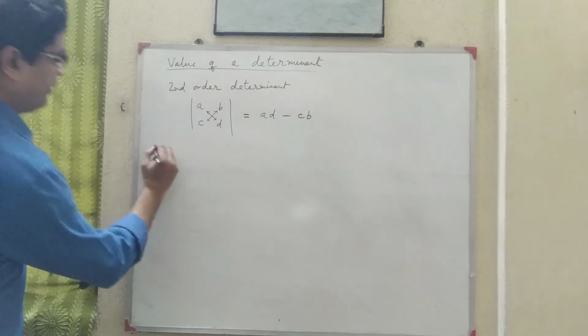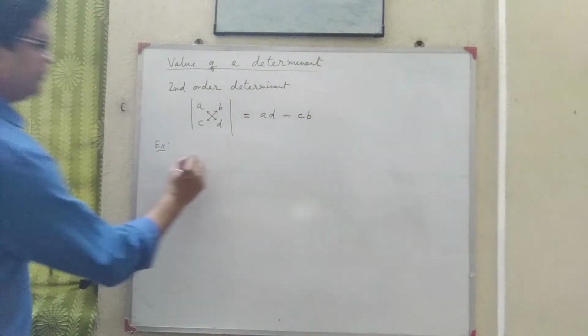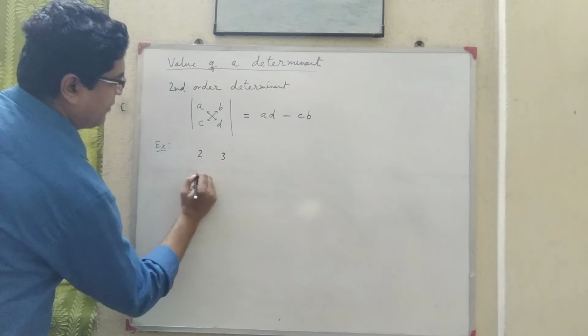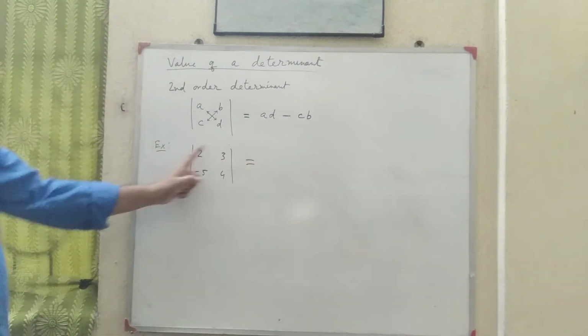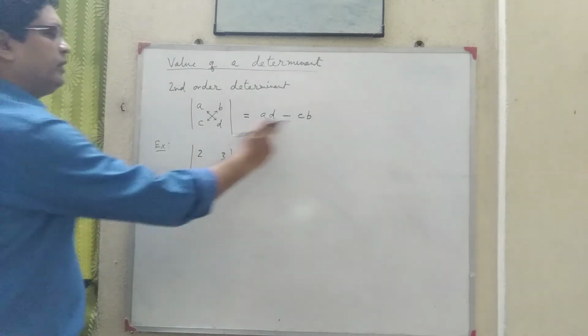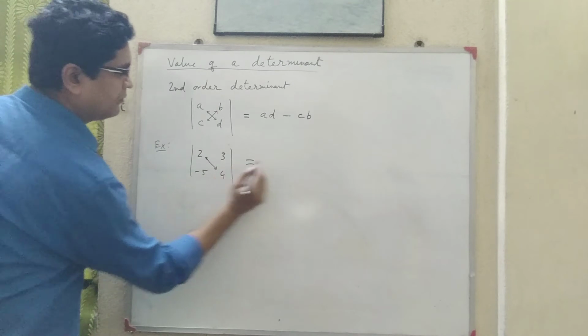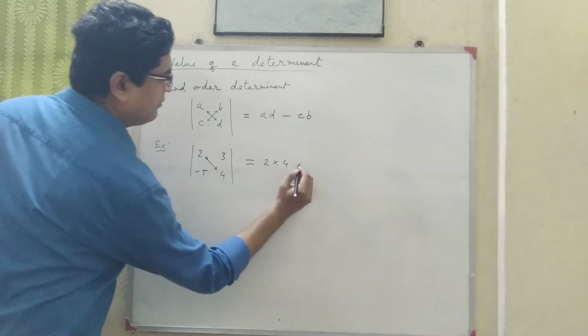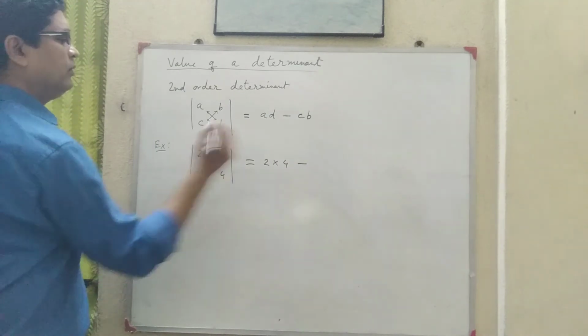So for example, suppose 2, 3, minus 5, 4. Now what will be the value of this second order determinant? Using this formula, it will be 2 into 4 minus of minus 5 into 3.